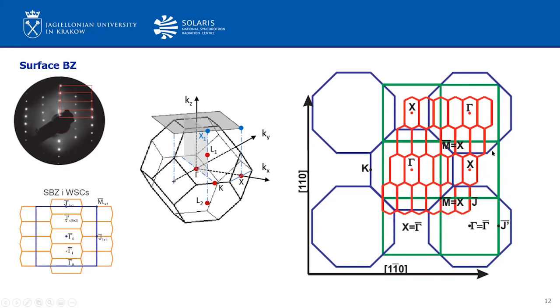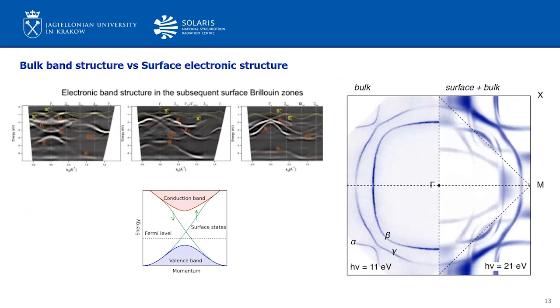As we see in these pictures, when we measure ARPES, we see the surface structures and the bulk crystal structures, and this is a very complicated system. When we measure, we have a mixing of the bulk band structures and electronic surface structures.